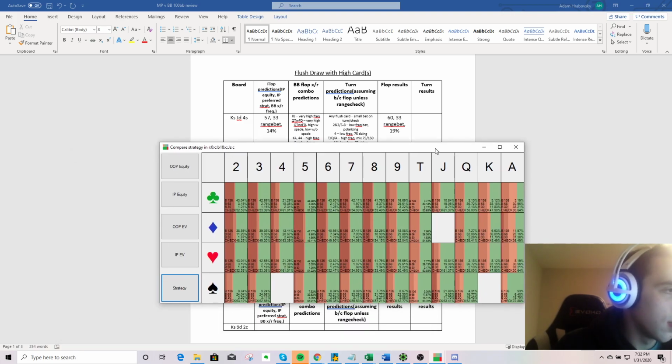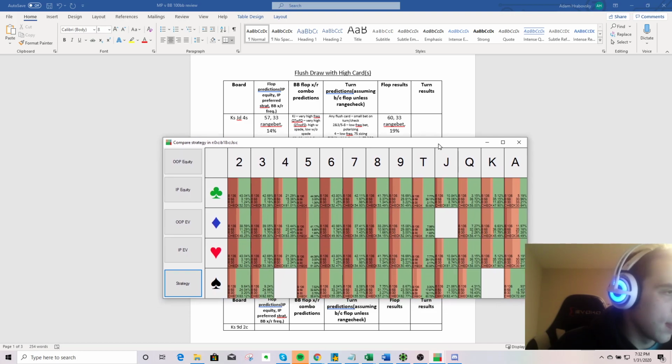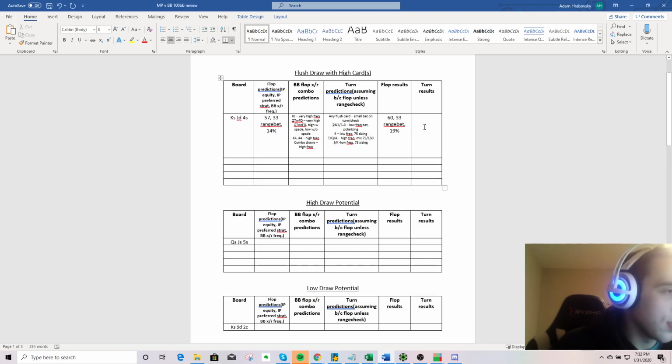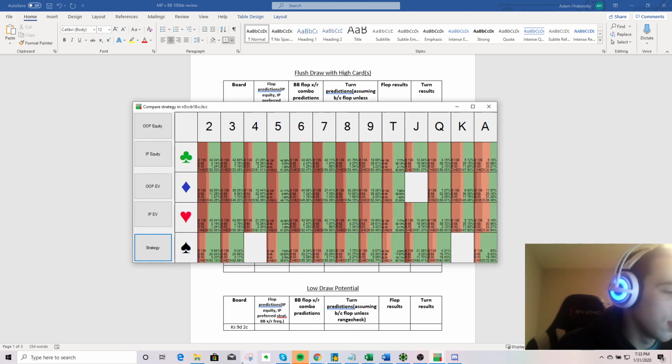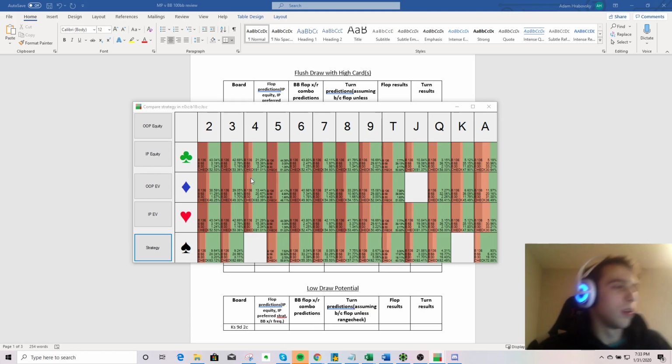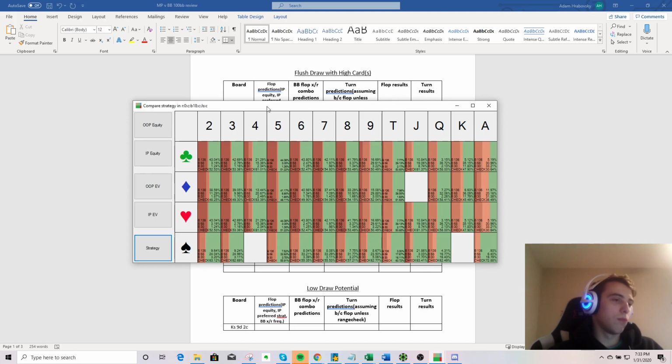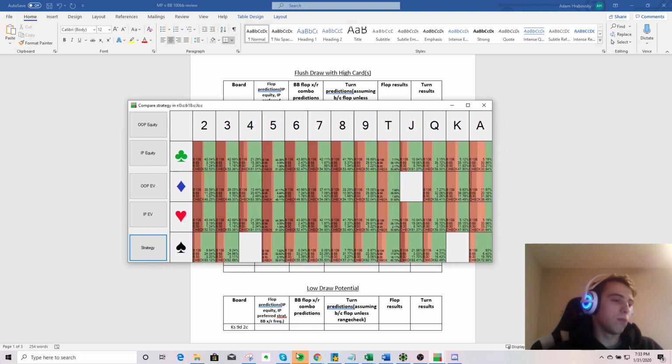I wonder if in his turn results I can just take a screenshot of this and see if it'll paste in there cleanly or not. Let's see. Oh, there we go.